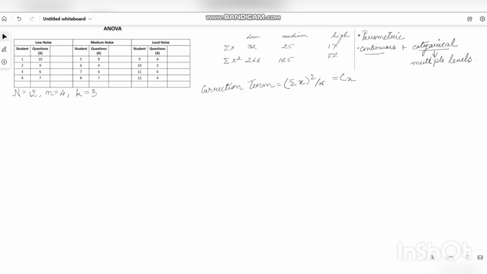So summation of x whole square by n would be something like this: 32 plus 25 plus 17 whole square by n being 12. That comes out to be 456.33, which is equal to Cx.